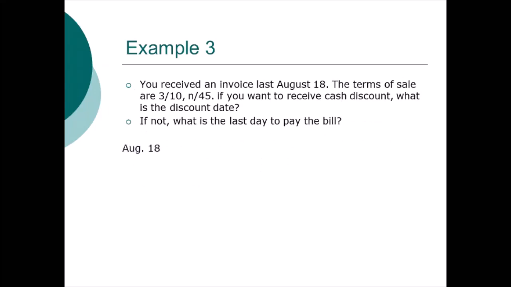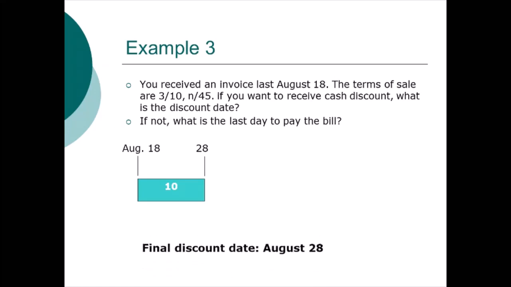Let's start with the invoice date, August 18. You can avail the 3% cash discount within 10 days. So after 10 days, that is August 28. That is our discount date. Now, what is the last day to pay the bill? The net is due after 45 days.